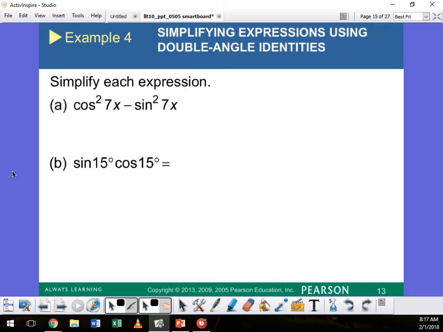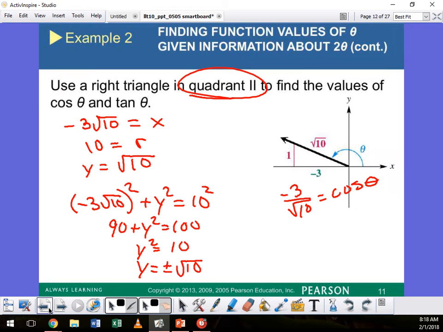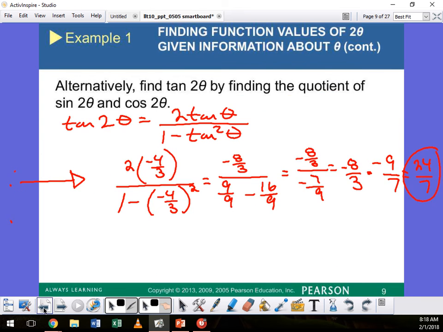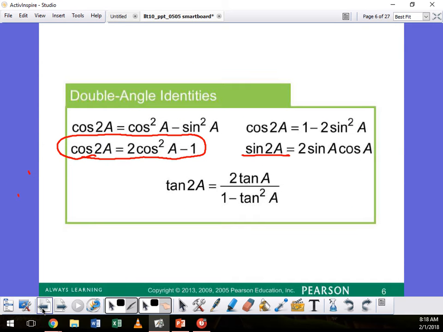So this is basically a cosine squared minus a sine squared, right? Yeah. Okay, so I'm using that information there. So if it looks like that, the formula that actually goes along with that is right here. So we have the cosine squared minus sine squared, right? So I'm going to start by writing out the whole formula. Okay?